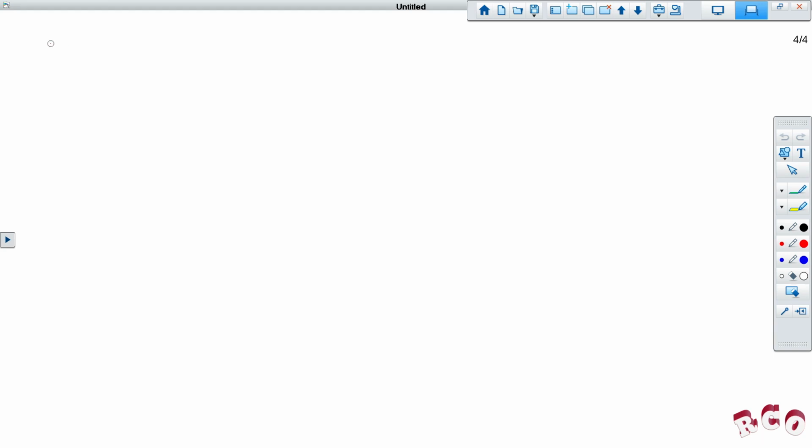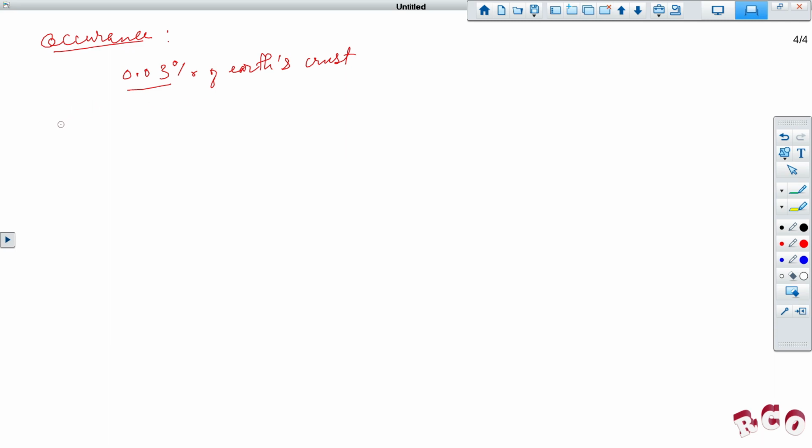Now let us talk about the occurrence of carbon. Carbon occurs at around 0.03% of the Earth's crust. It has only this much percentage, but still it is important.